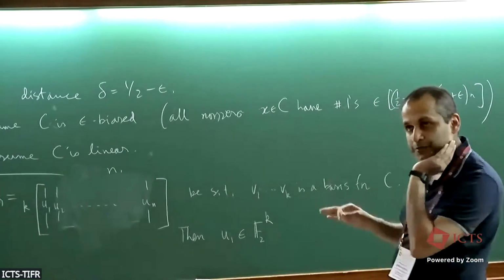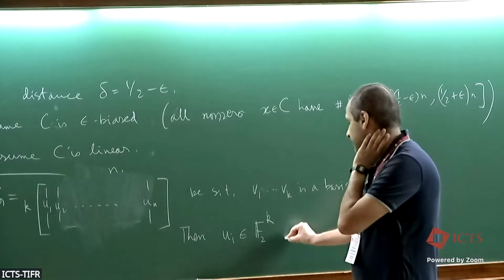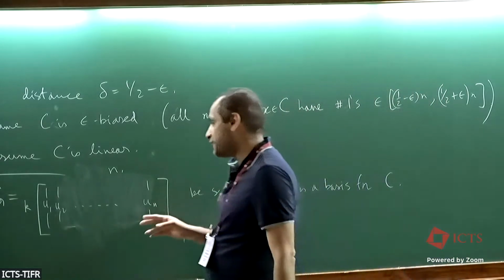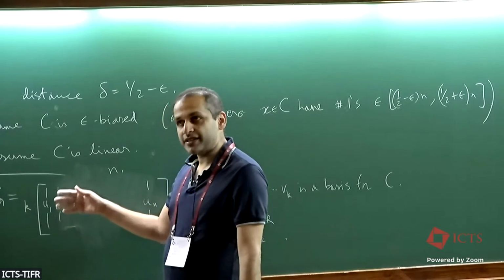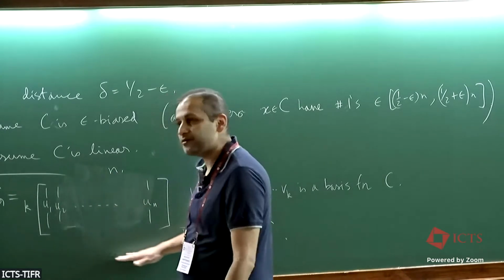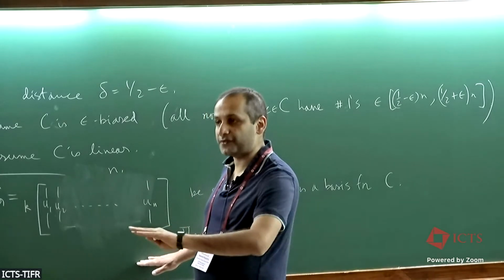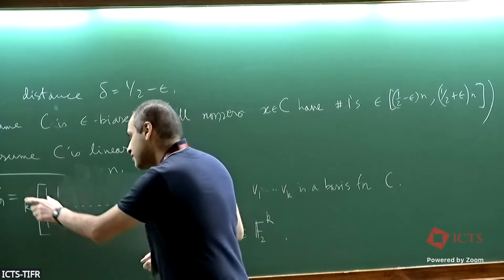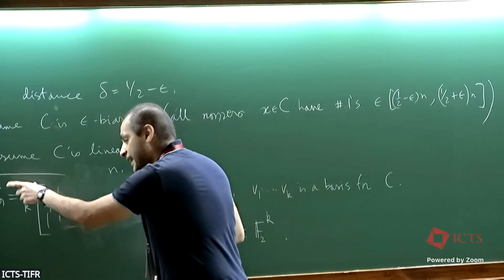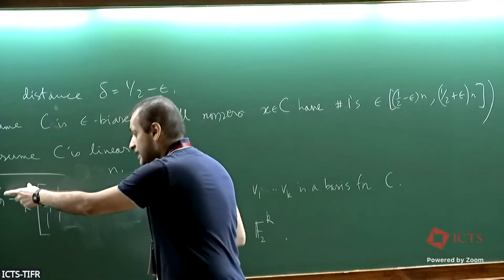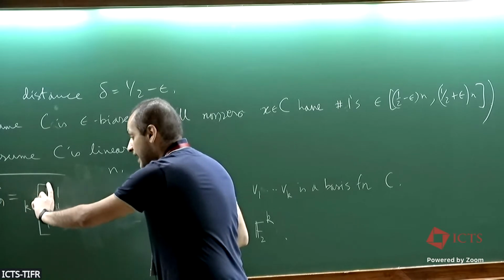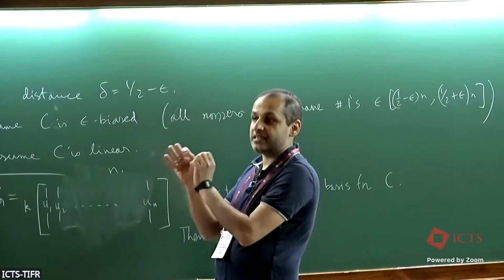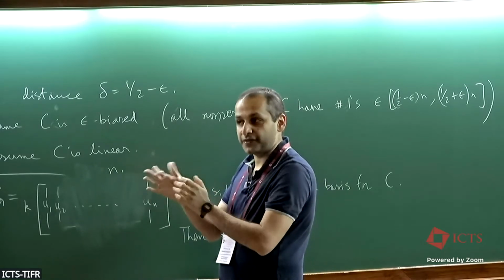And what's their property? What I know is if you take any linear combination of the rows, you get a vector which is about 50-50 balanced, half minus epsilon. That's the same as: for any vector x in F2 to the k, that's the linear combination I'm going to take, x dot u1, x dot u2, up to x dot un, these bits are about 50-50 balanced.